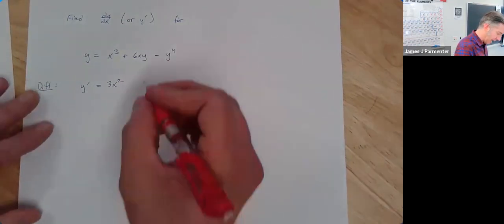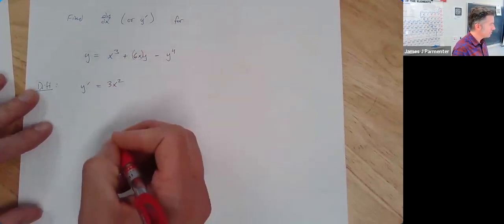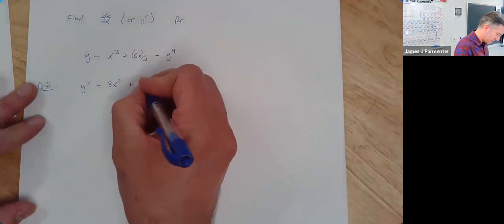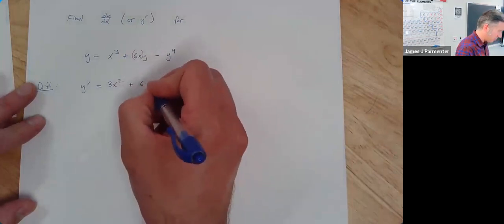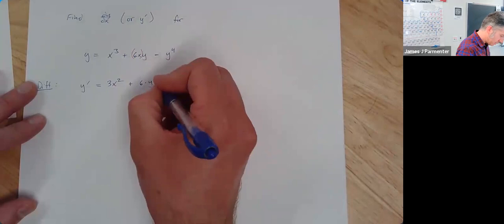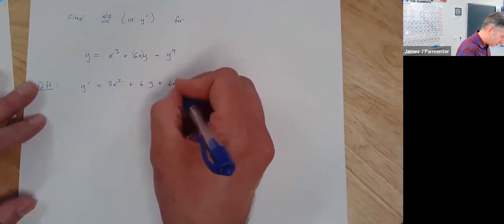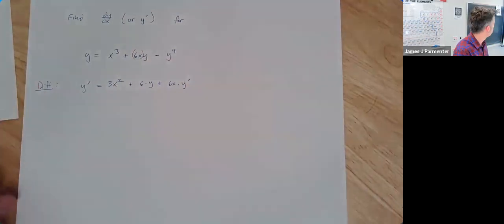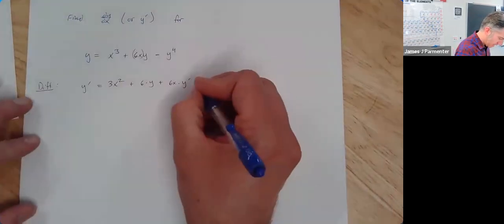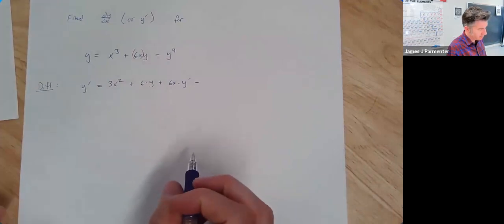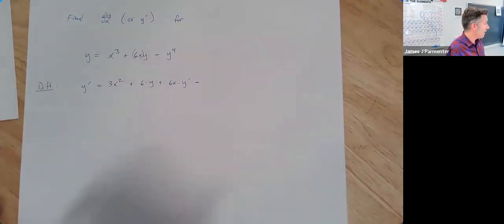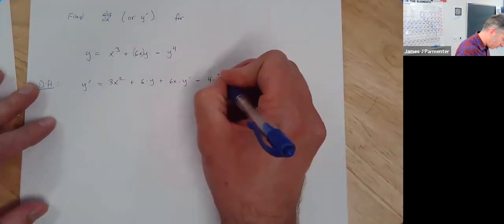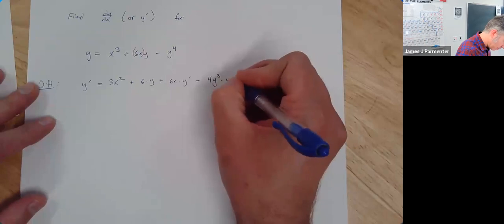I would personally view it as 6x times y. So the derivative of 6x is 6 times the other part, plus leave the 6x alone, multiply by the derivative of the other part, which is y prime, minus the derivative of y to the 4th, or some stuff to the 4th power, is 4 times my stuff cubed times the derivative of my stuff.